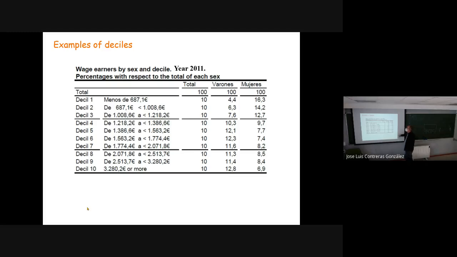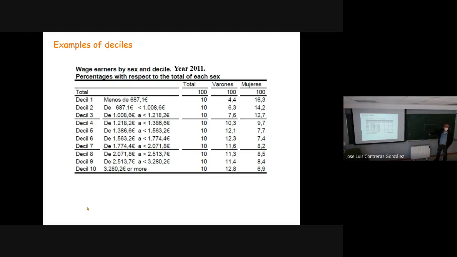This means that the 10% of the population that earns the lowest wages in Spain, that was earning the lowest wages in Spain in 2011, was earning less than 687 euros per month. So this value here, our first decile, was 687 euros.